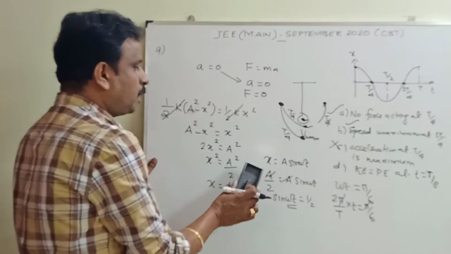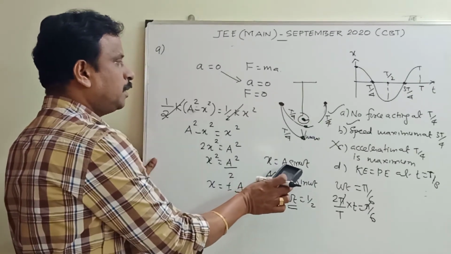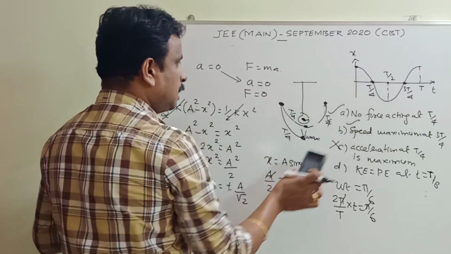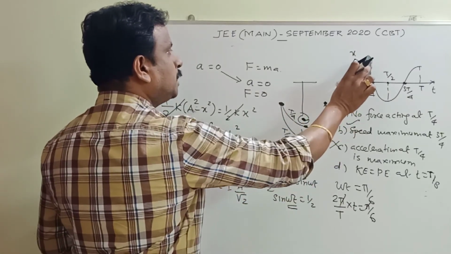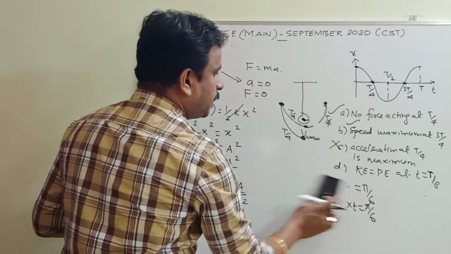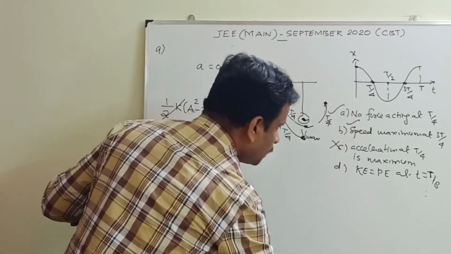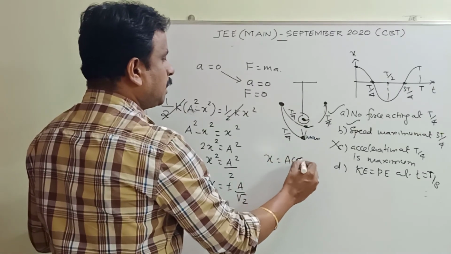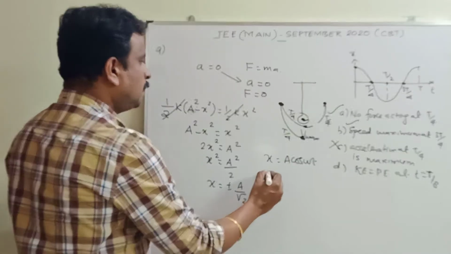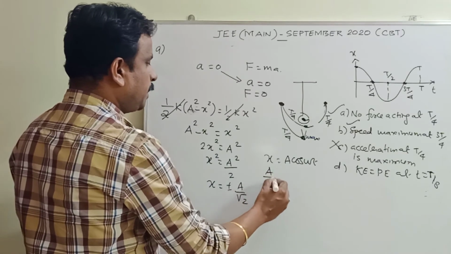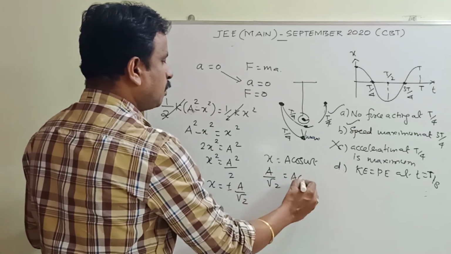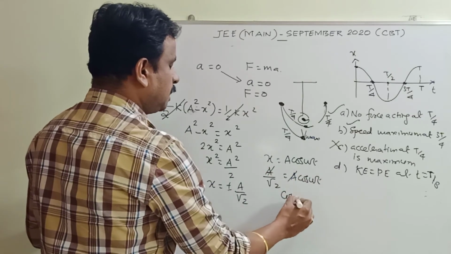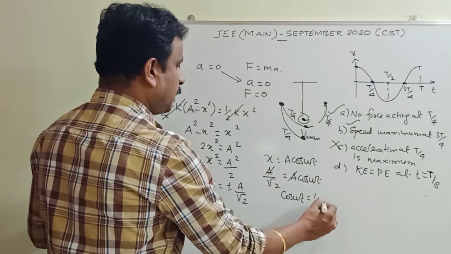This equation is only for a particle that starts from rest, from the origin, but our problem starts from the positive y axis, that is from one extreme position. So we have to choose x is equal to a cos omega t. Here we have to be very careful. So x is equal to a by root 2 and a cos omega t, right. So a is getting cancelled. So cos omega t is equal to 1 divided by root 2.